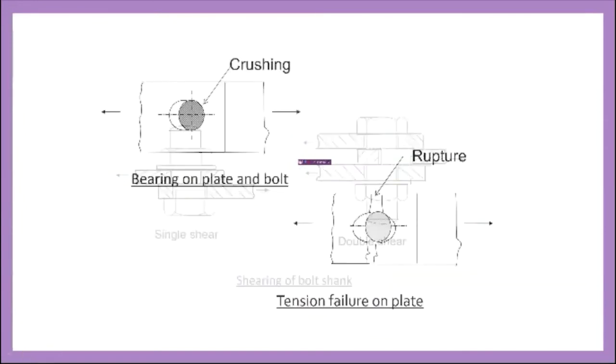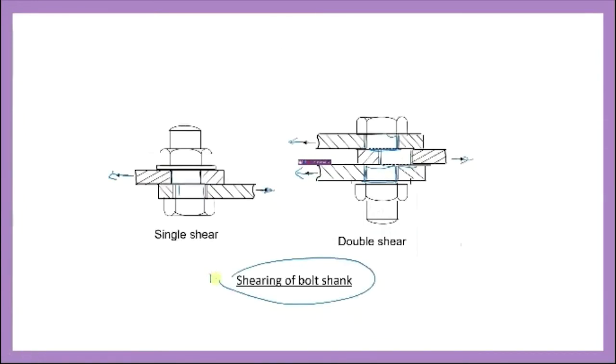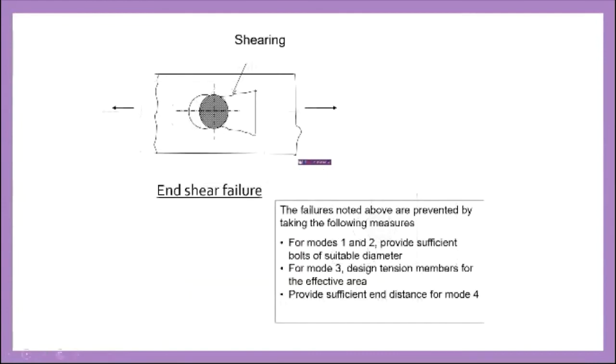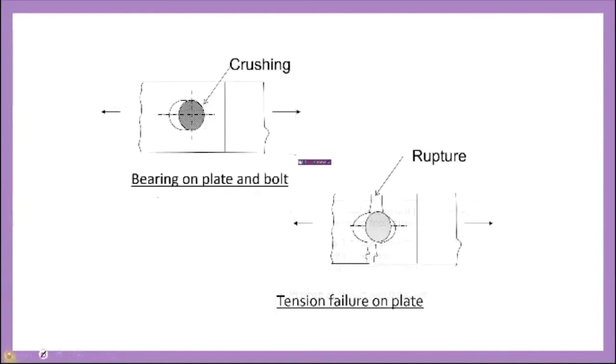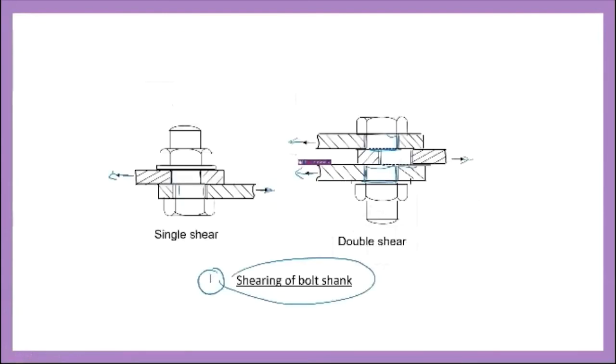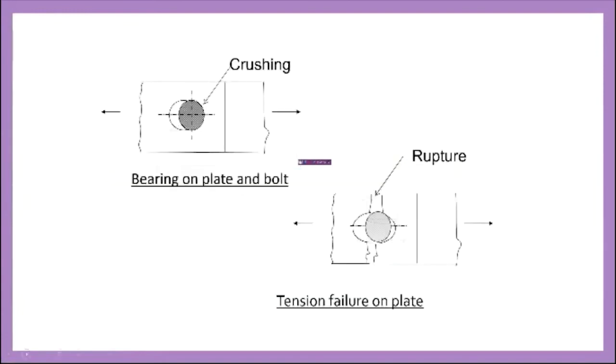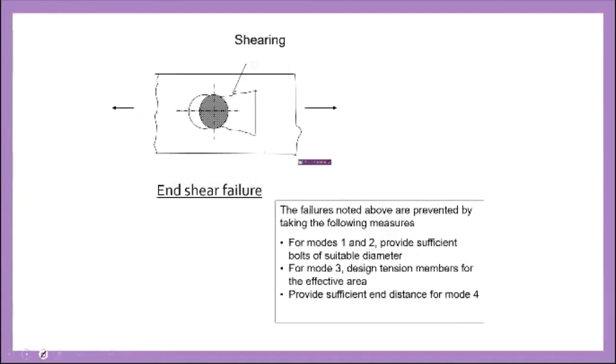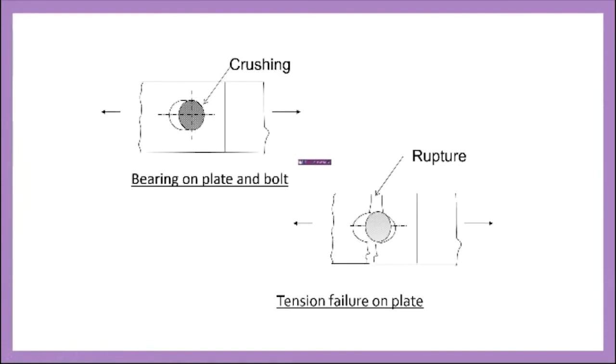Why does this happen? Basically, for mode 1, shearing of bolt shank, provide sufficient bolts of suitable diameters. Because the diameter is not suitable, maybe too small, this causes the bolt to break into pieces. And the second one is bearing on plate and bolt. This is also because you didn't provide a suitable bolt diameter. For example, in a steel connection you have bolts and you have holes here.